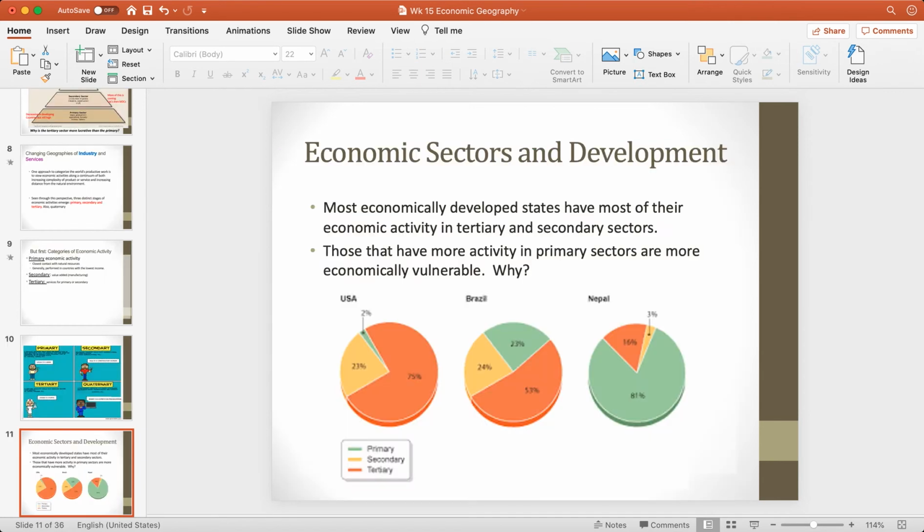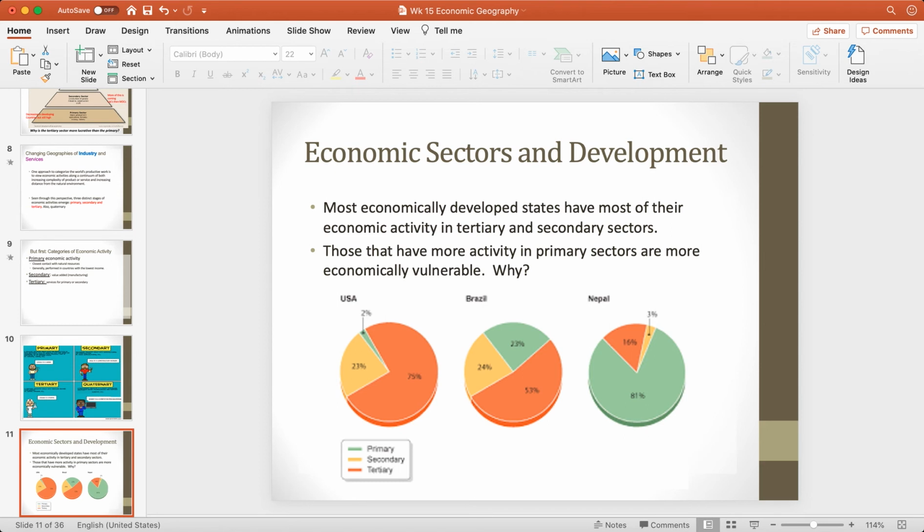All right, so here's just an example of an underdeveloped country, Nepal, a BRIC or sort of emerging market with Brazil, and then the USA, and how people work in what sector. In Nepal, 81% of people work with the land, the primary sector: agriculture, mining, farming. And only about 3% are in the secondary and then 16% in tertiary, so services, providing things to people.